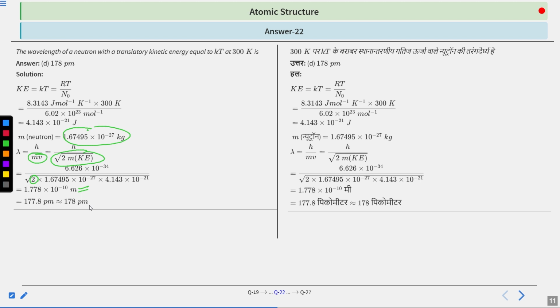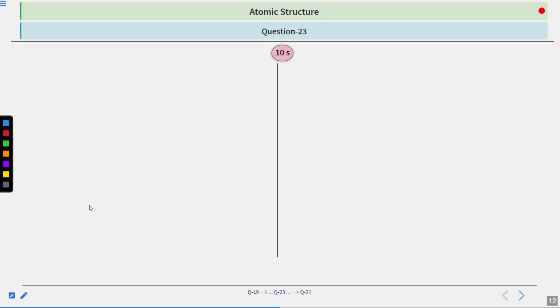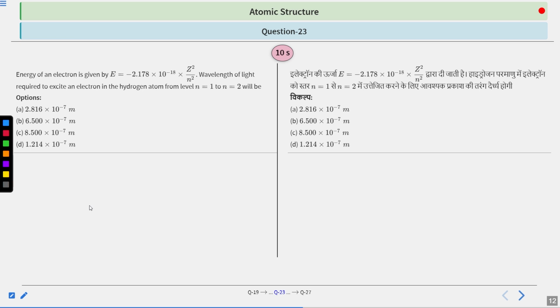Now moving on to the next question. Question number 23 says that the energy of an electron is given by E is equal to 2.178 into 10 to the power minus 18 Z square by n square.